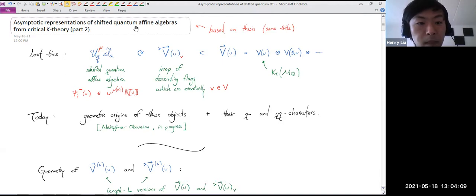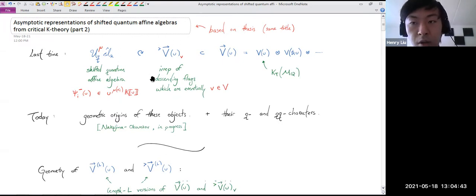So last time we saw a very explicit example of, very roughly speaking, well, we saw it in the SL2 case, how the action of a shifted quantum affine algebra arises or might arise on certain kinds of semi-infinite tensor products of certain representations.